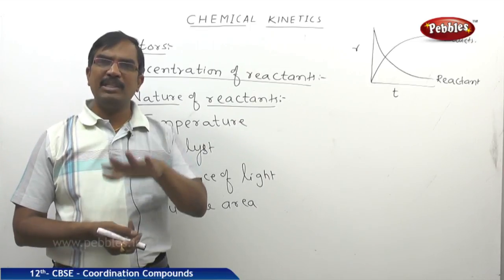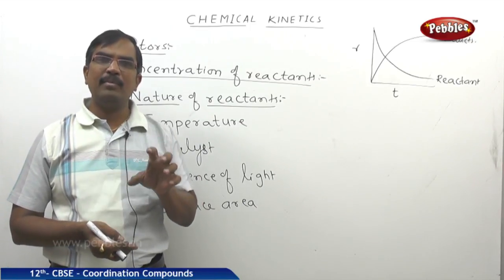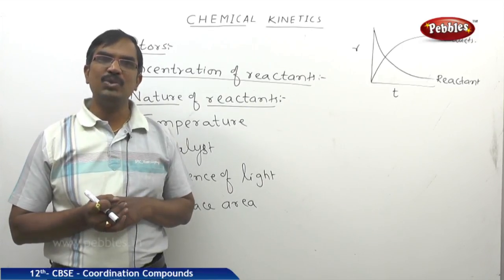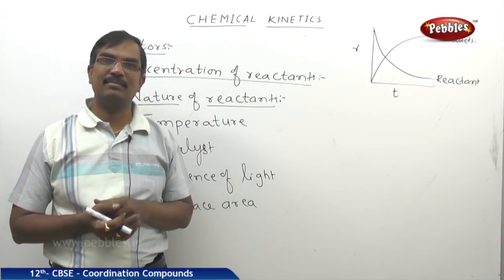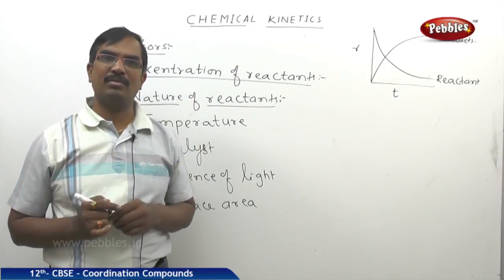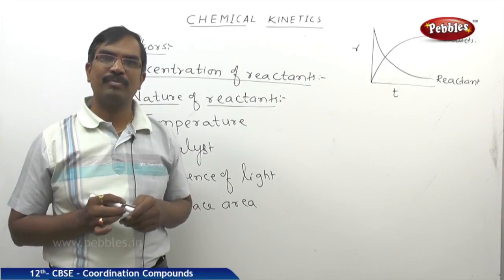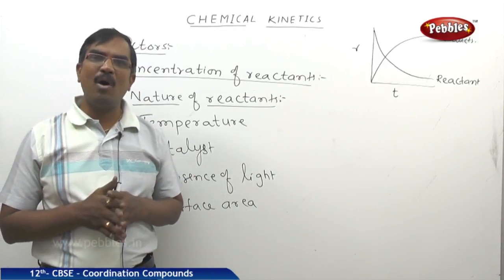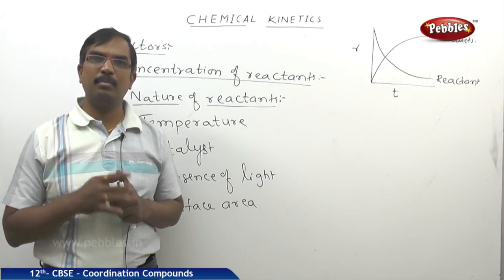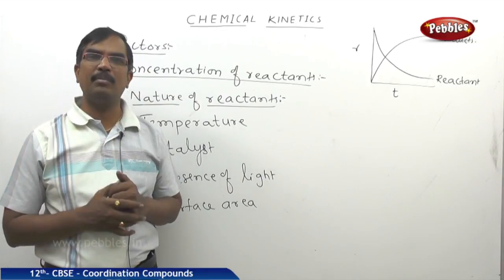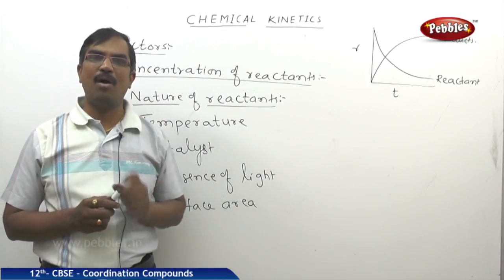That means from this we can conclude that whenever a chemical reaction is between ionic compounds, those reactions are very fast. And if the reaction is between covalent molecules, the reaction is slow. In the case of covalent molecules, the existing bonds must be cleaved, broken. After breaking the covalent bonds, new bonds will be formed.